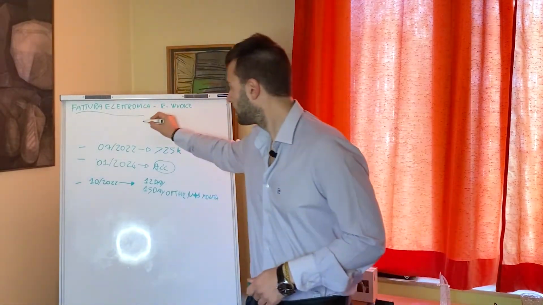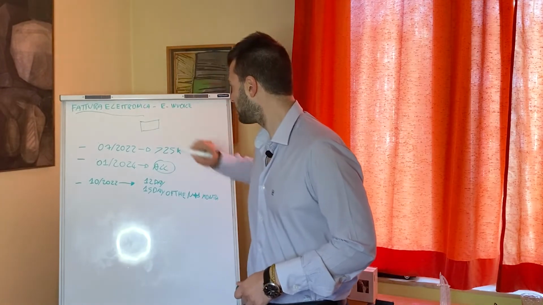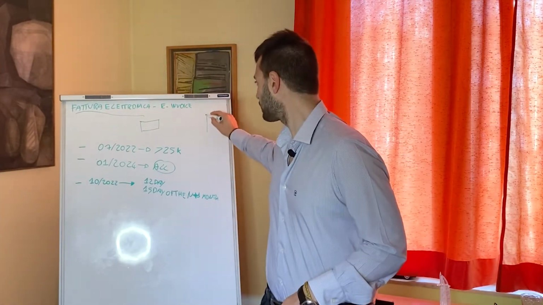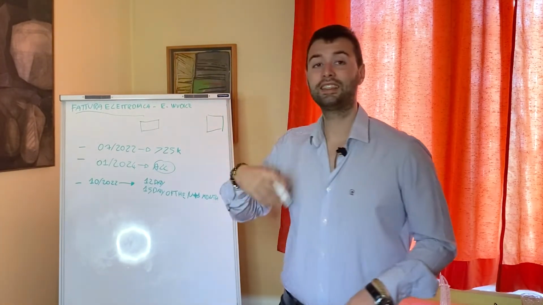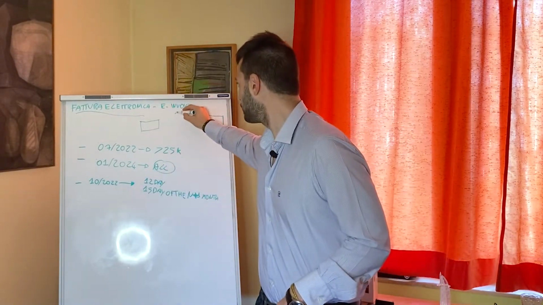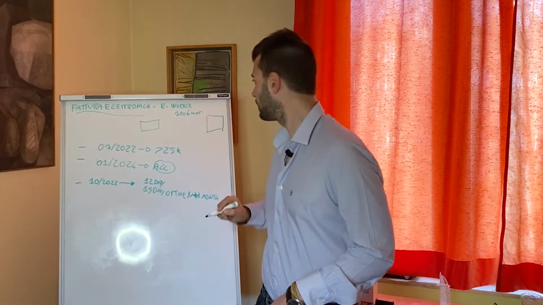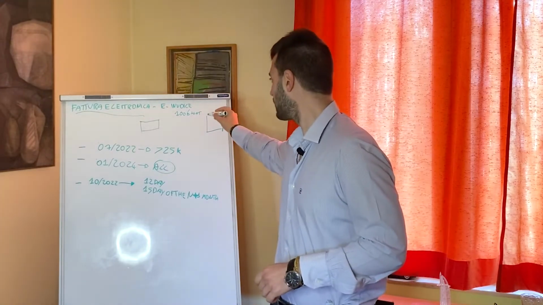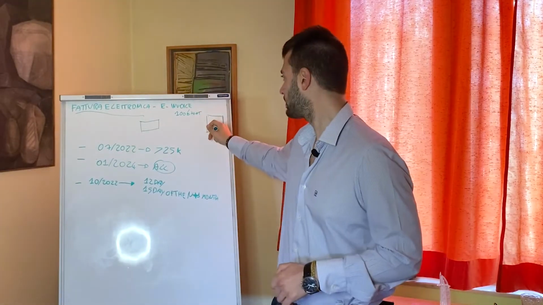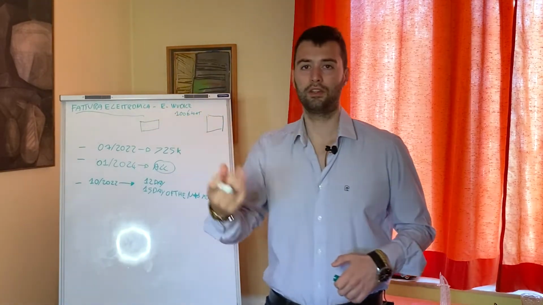This is your office, this is the office of the client. Let's say that you sell 100 euro plus VAT. So the client will ask for the invoice, because for the client it is a cost, for you it is a revenue.